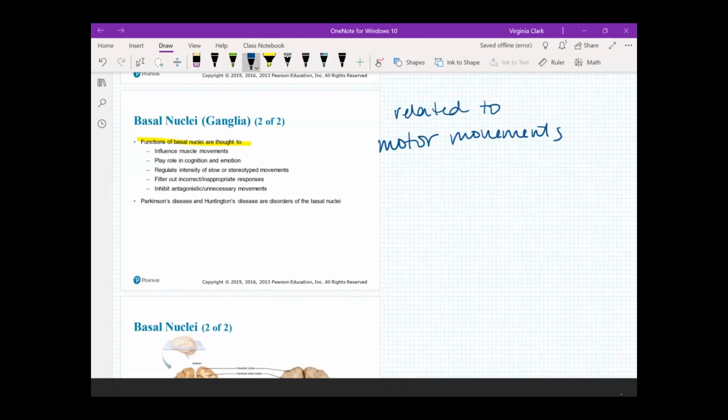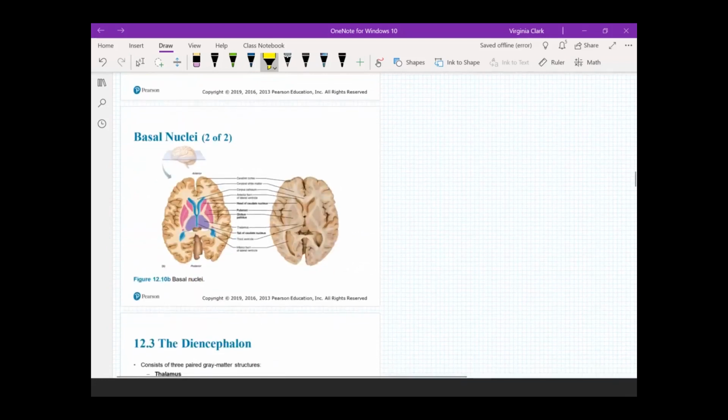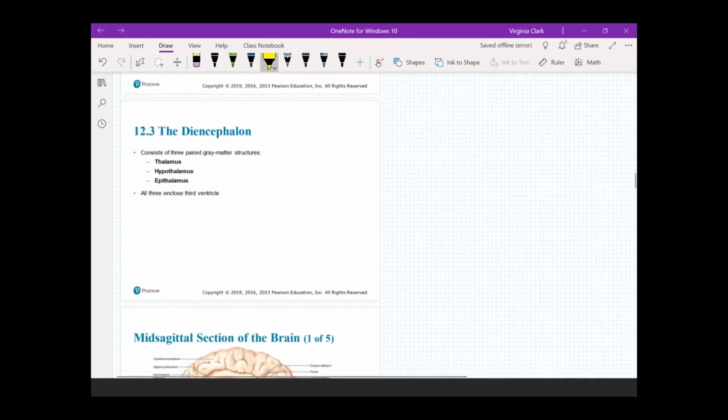Research is out and doesn't really know what these cell bodies do, but we do know very much so that if they go wrong, such as in Parkinson's and Huntington's, basal nuclei is impacted, and that process is actually known. So that's a very cool process. You can just see how it's a collection of cell bodies.